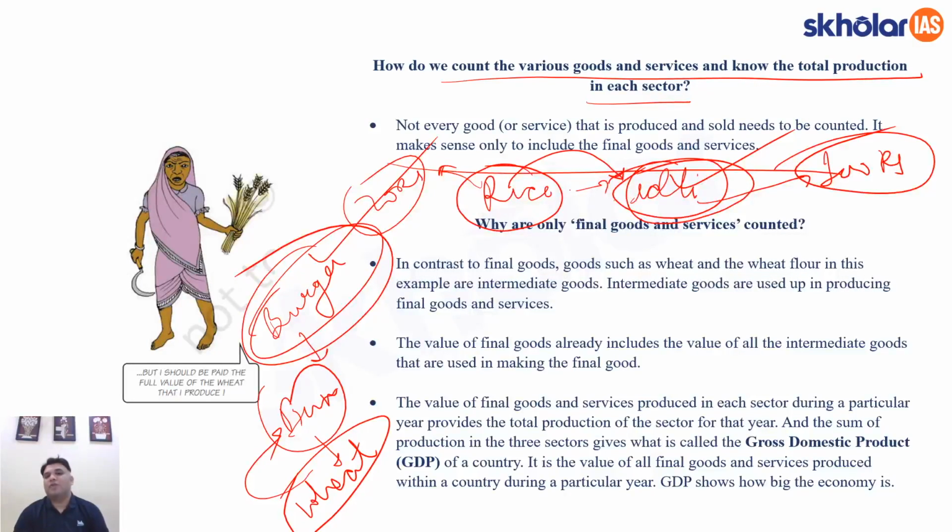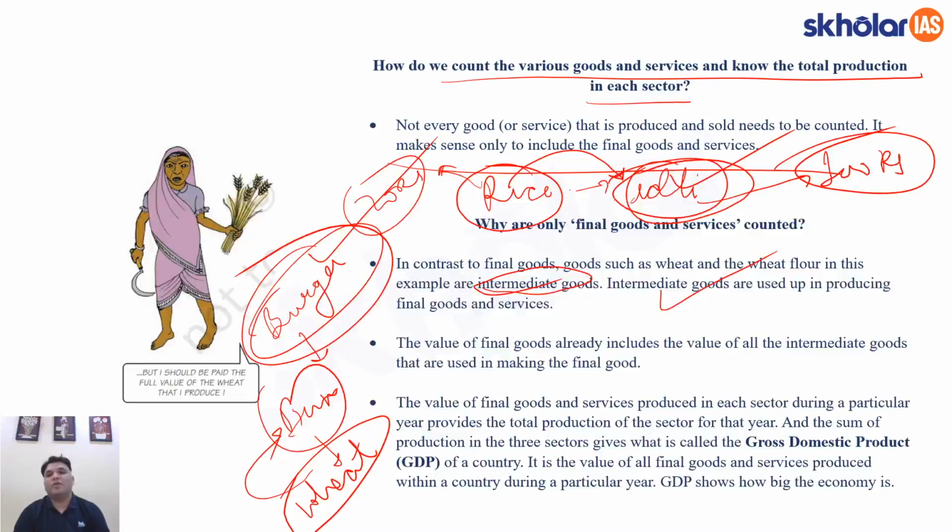Now the question is, why are only final goods and services counted, right? Intermediary goods and services, why are they not counted? That's a question. So in contrast to final goods, goods such as wheat and the wheat flour, which is the example seen in the infographic on your screen, these are all intermediate goods. They are used at intermediate levels, and intermediate goods are used up in producing final goods and services.